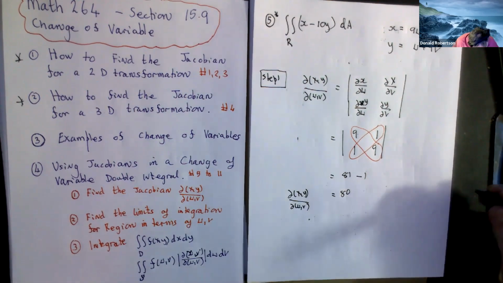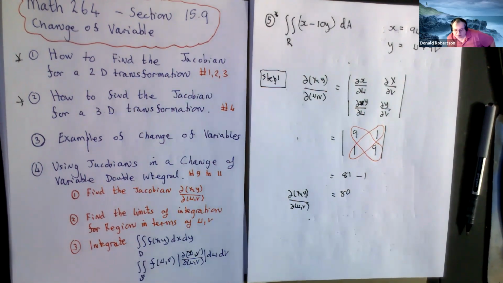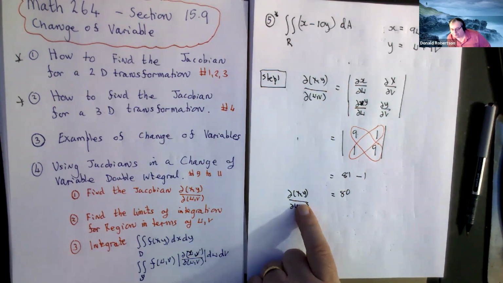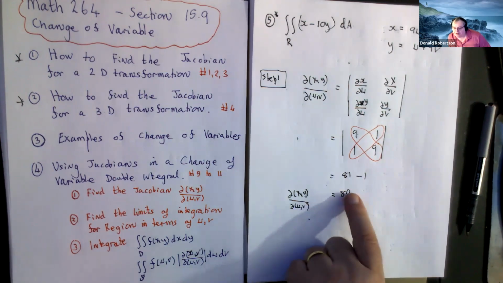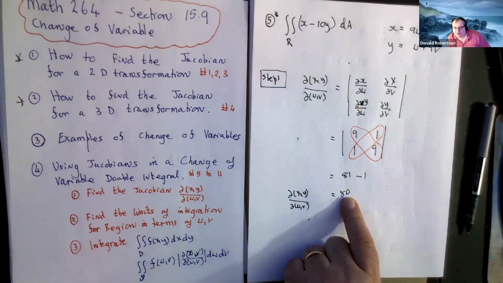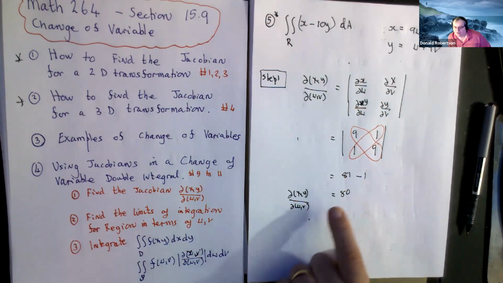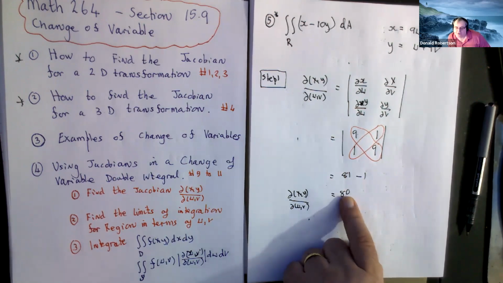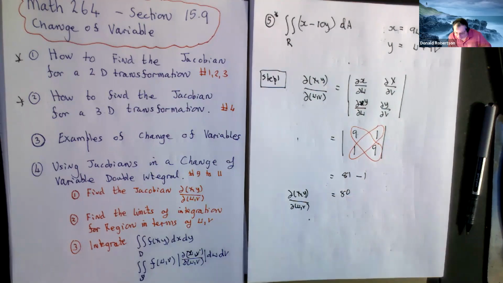Now, here's a little idiosyncrasy. Do you notice that this Jacobian has an absolute value around it? What that means is that when you're doing a Jacobian, at least when the answer is a number, it doesn't really matter when it's a variable because that takes care of itself. But if it's a number, it must be positive. So the Jacobian must be positive if the answer is numerical.